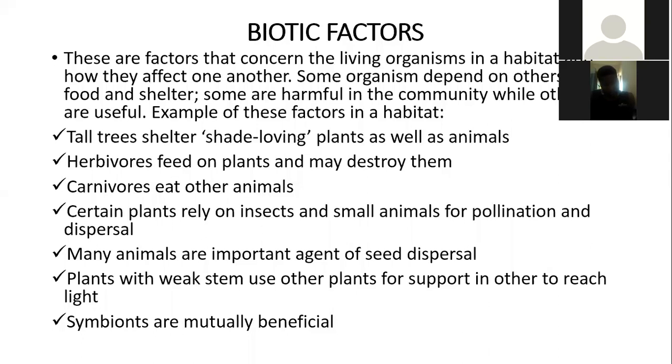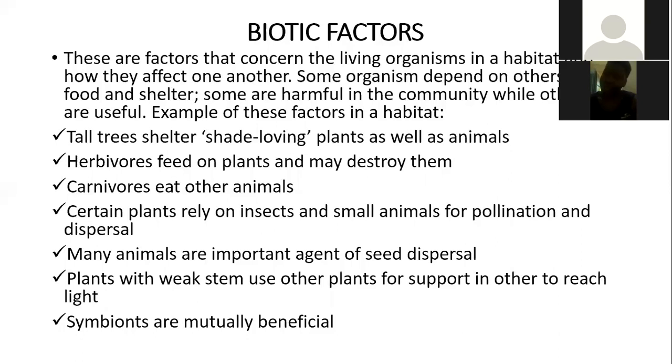Now, there are factors that concern living organisms in their habitat and how they affect one another. In simple terms, you can define these biotic factors as biological natural factors that affect organisms in their ecosystem. They are natural occurrences, natural things that occur affecting an organism in an ecosystem.